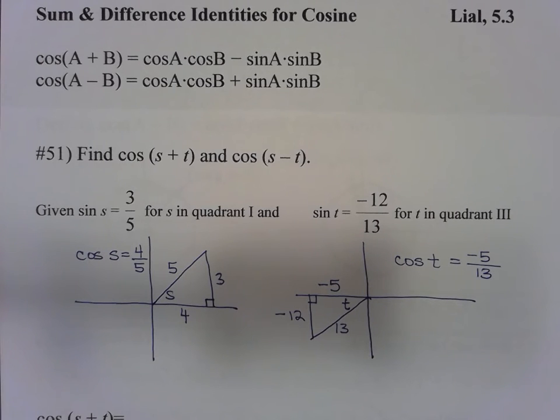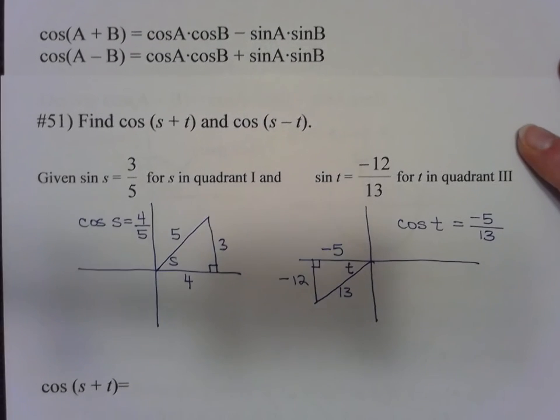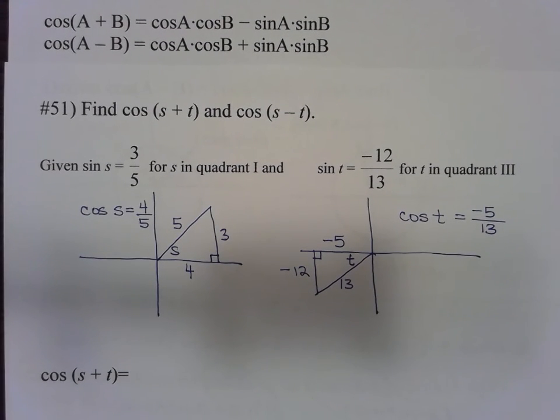All right, so now let's use that and the formula and calculate the cosine of S plus T. So using the formula there at the top, this is going to be the cosine of S times the cosine of T minus the sine of S times the sine of T.